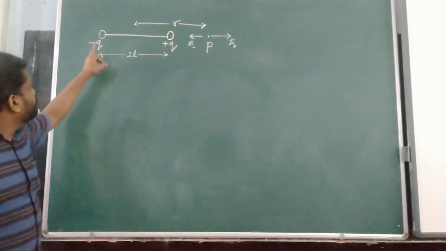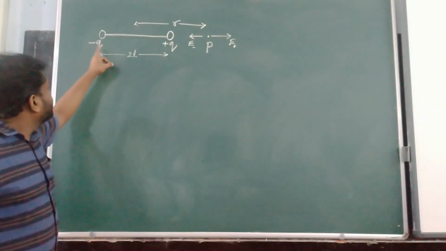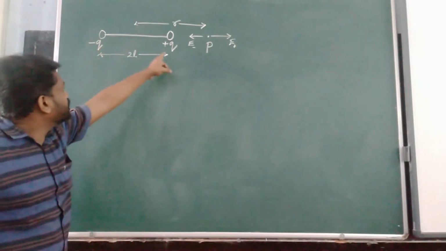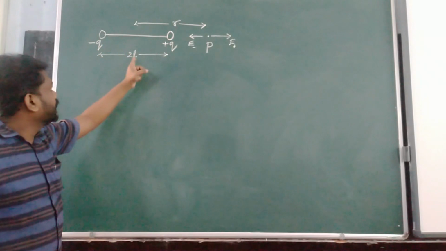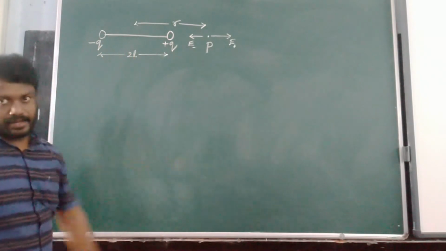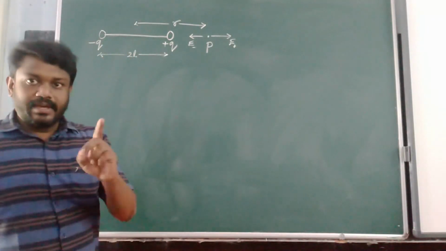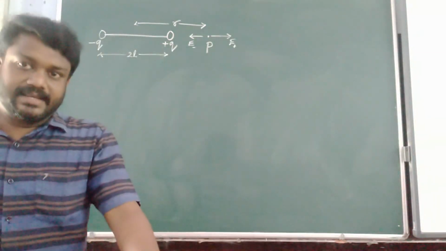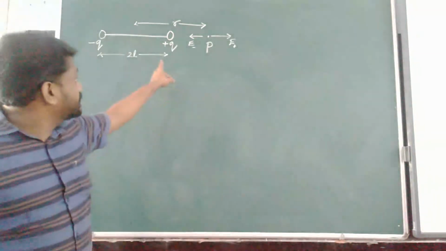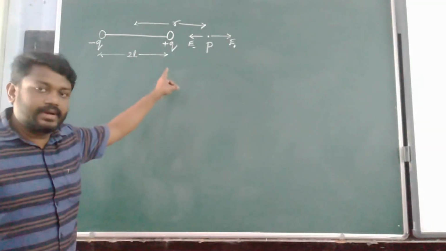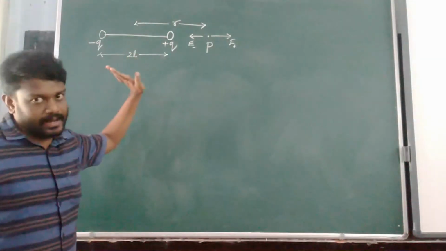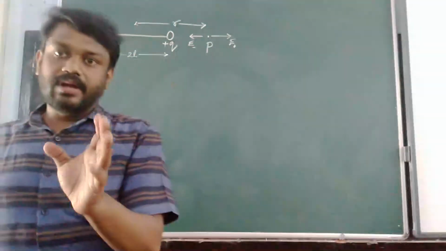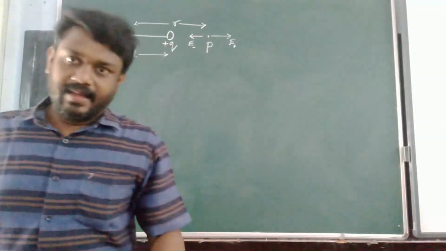In the figure, we have an electric dipole with the charges minus q and plus q separated by a distance 2l. Two equal and opposite charges separated by a distance, and even though it is a small distance, we have taken that as 2l.